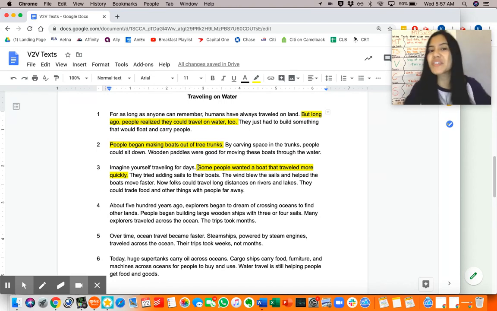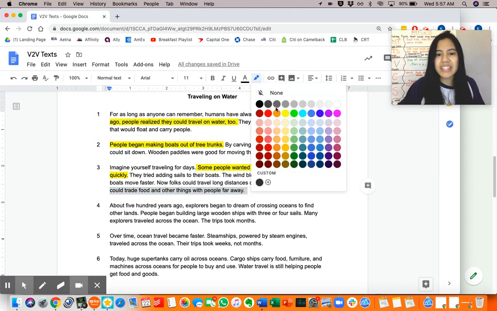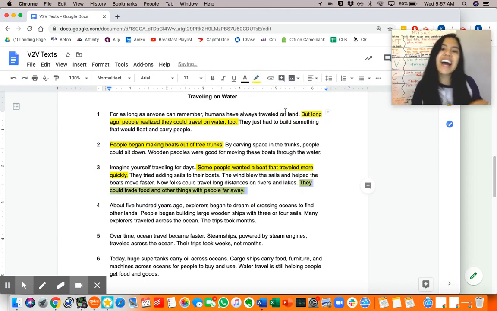ELA Masters, this is a tricky one. If you were thinking that maybe the last sentence could also be a topic sentence, give me a high five. Right. Now it says that people could trade food and other things with people far away.